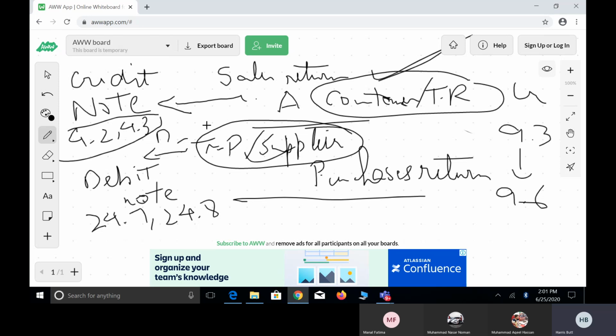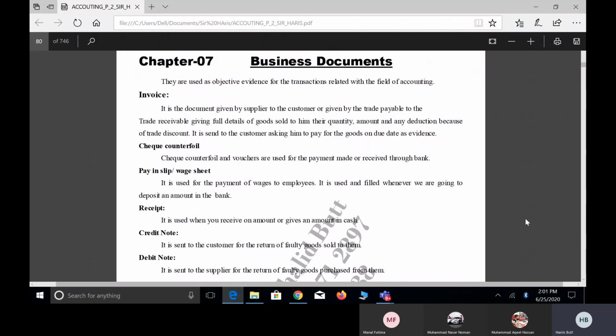Now I want you to take a pic of that page. I hope you have already taken that. Now I want you to take a pic of another page, which is basically our capital and revenue expenditure.